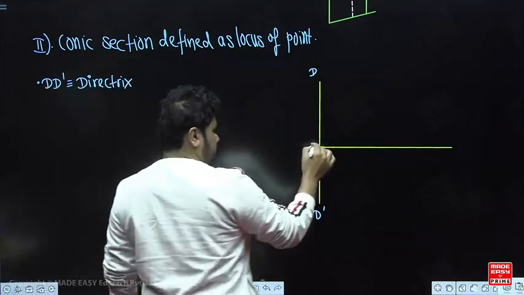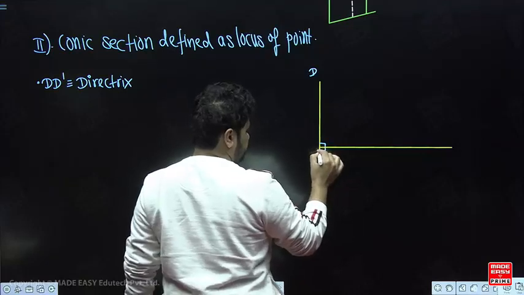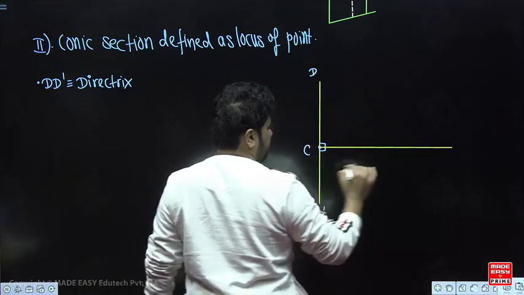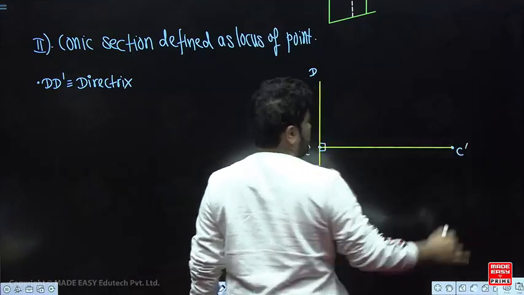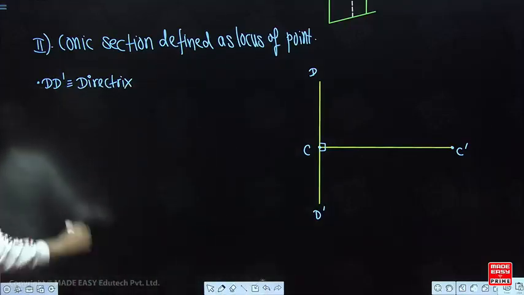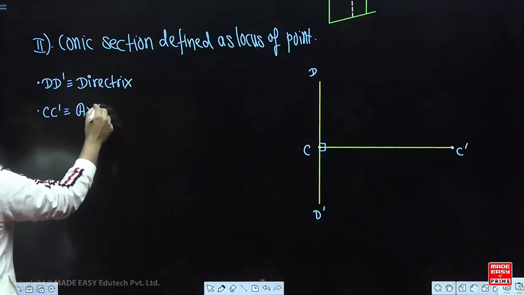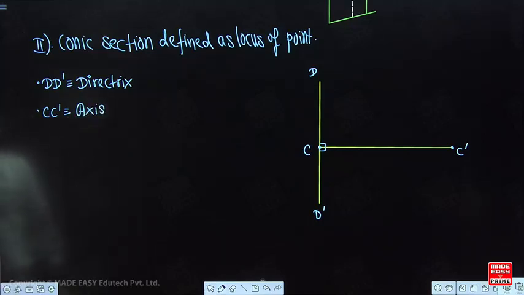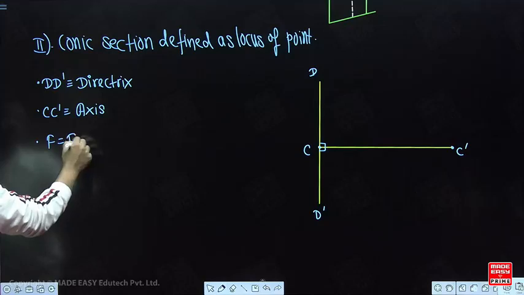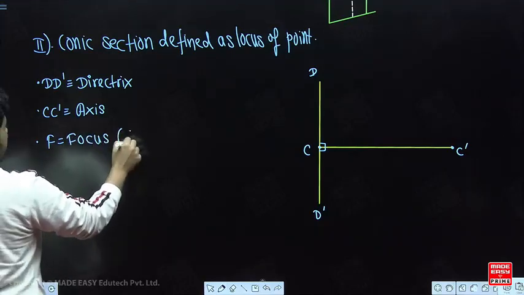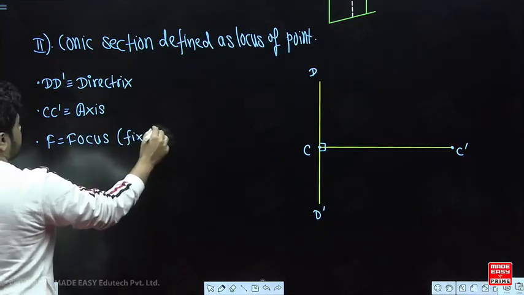Similarly, this is at 90 degrees, you can see that. So this point is C and this point is your C dash. So CC dash is called the axis. So directrix and axis are mutually perpendicular to each other. F is called the focus, and this point is always fixed. It does not move.